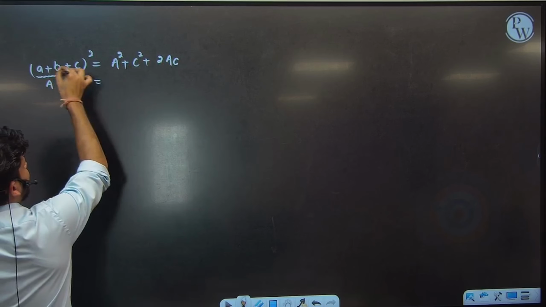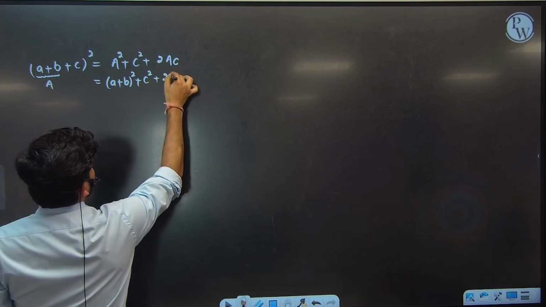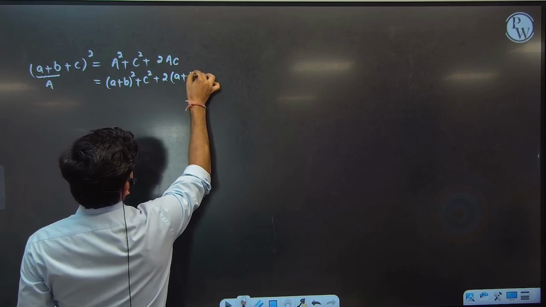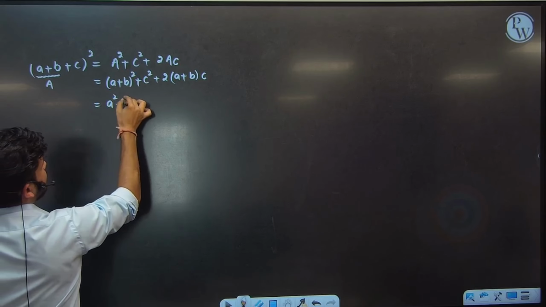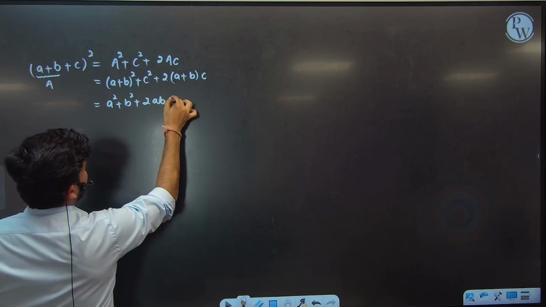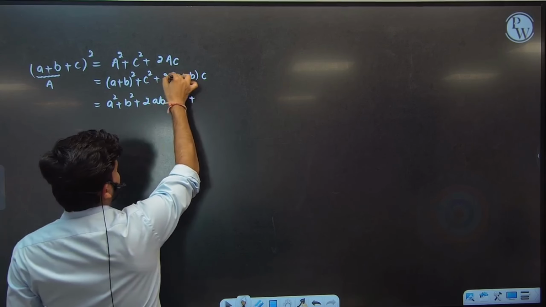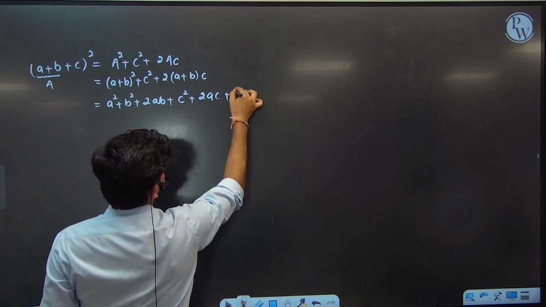Now put the value of a, so a plus b whole square plus c square plus twice a plus b and c. Now a plus b whole square is a square plus b square plus 2ab, plus c square, here 2ac and 2bc.